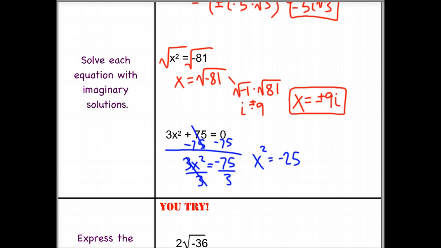Now this is similar to the one that we just did. We can square root both sides. And we get x is equal to, well, we know that the square root of negative 25 is the square root of negative 1 times the square root of 25. So that's plus or minus 5i. So x equals plus or minus 5i.